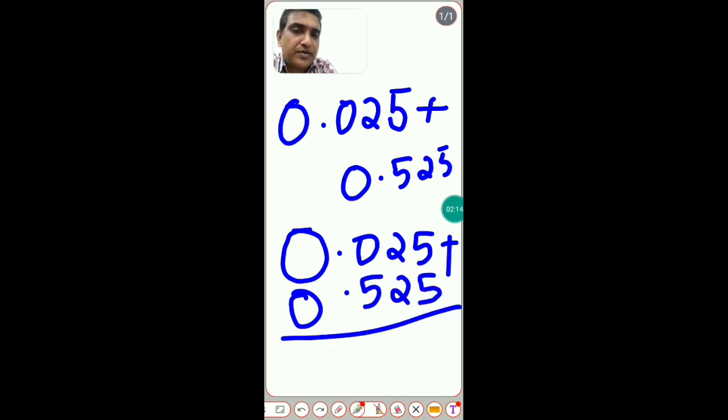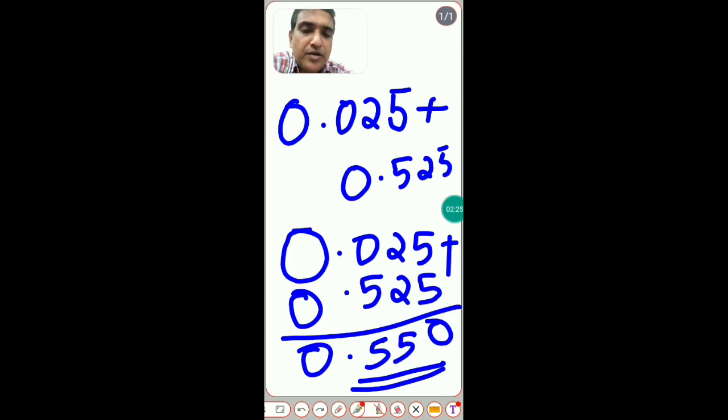So 5 plus 5, 10. Clear? 1 plus 2, 3, 3, 2, 5. 5. Then 0. 0.550. That is 0.025 plus 0.525 is equal to 0.550.